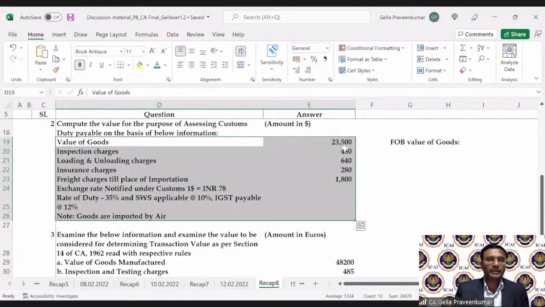Let me know the FOB value. Namita says 24,590. Sairam says 26,220. Okay.